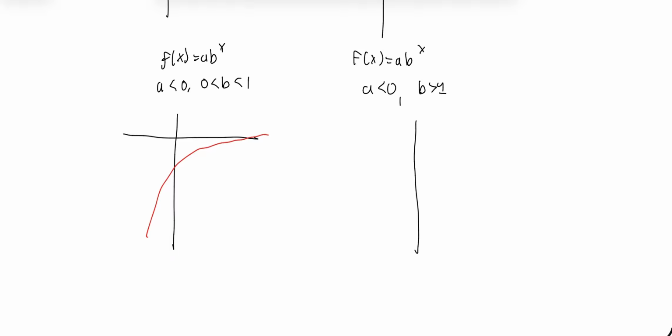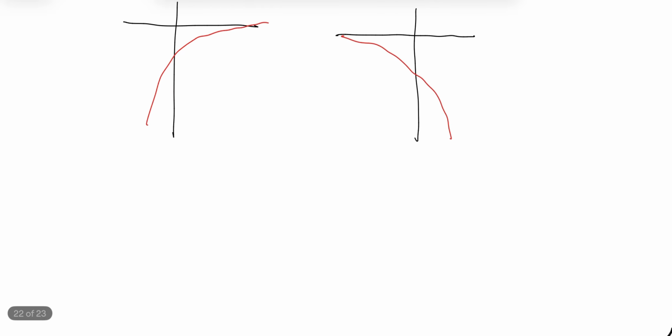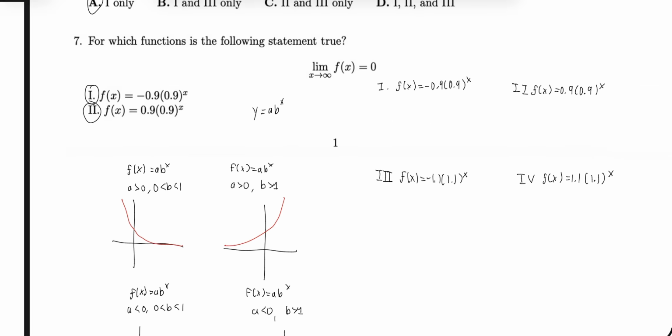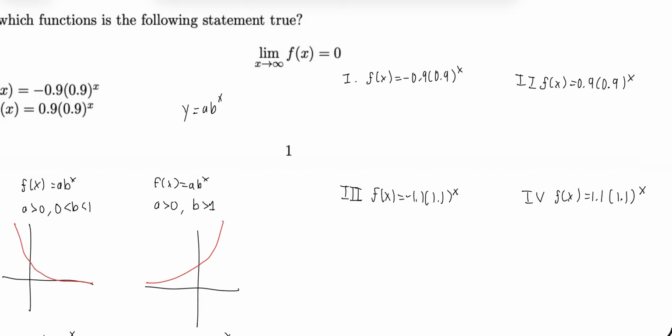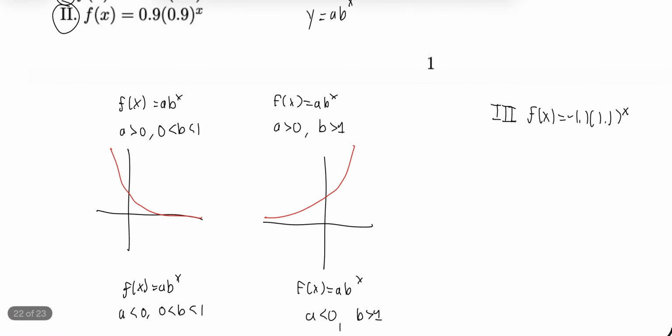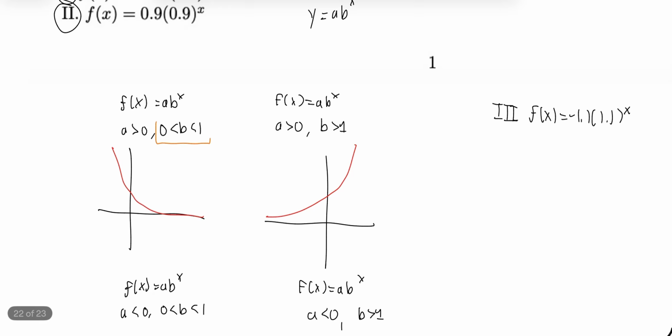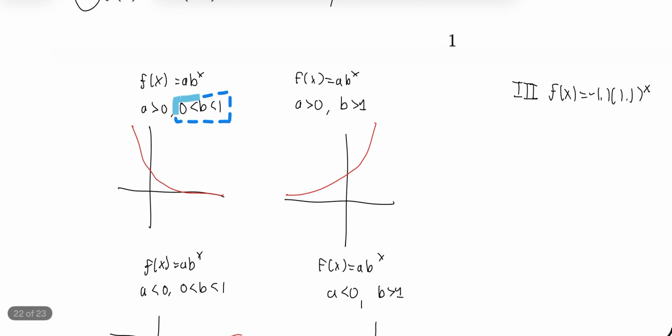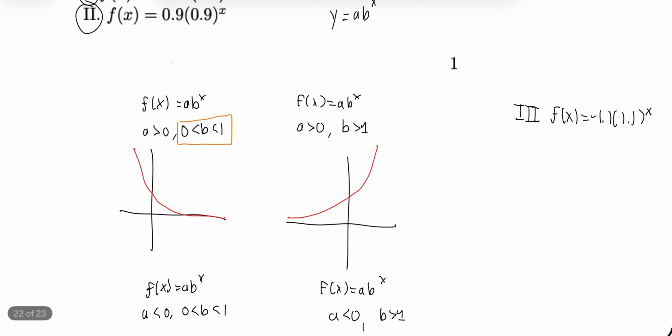So that's going to look like this. So for our statement, as x approaches infinity, this means that x is increasing without bound and the function is approaching 0. So we're going to see this happen when we are in this scenario here, regardless of the sign of a.